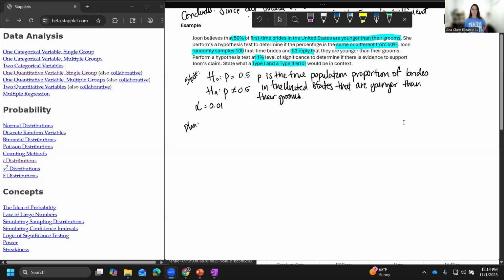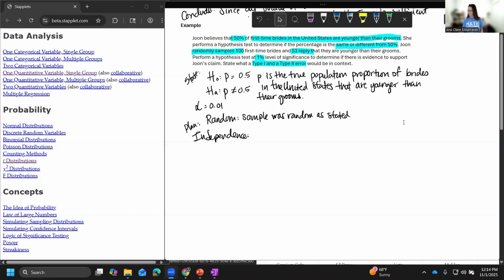Now we want to check our conditions. First, random. We did highlight that the sample June did was randomly sampled, so we're going to go ahead and state that the problem was randomly sampled. June randomly sampled 100 first-time brides.